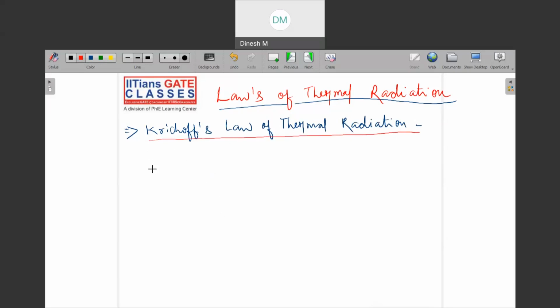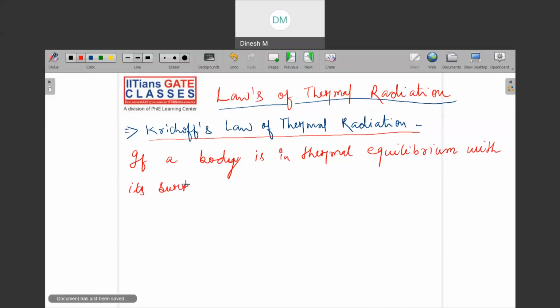So what I am trying to say is that if a body is in thermal equilibrium with its surroundings, then I am writing in terms of symbols that its absorptivity will be equal to its emissivity.